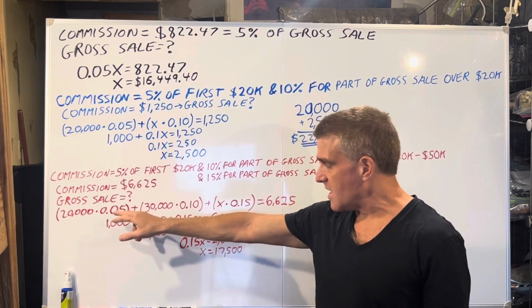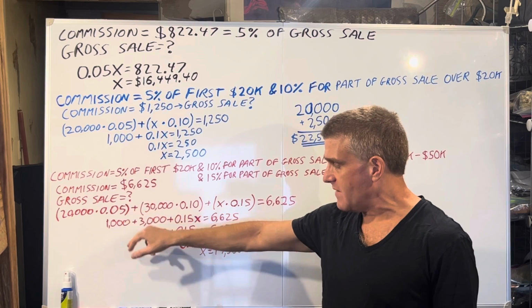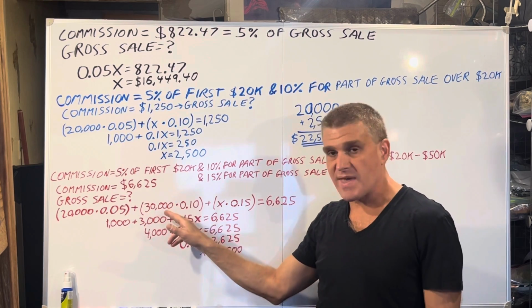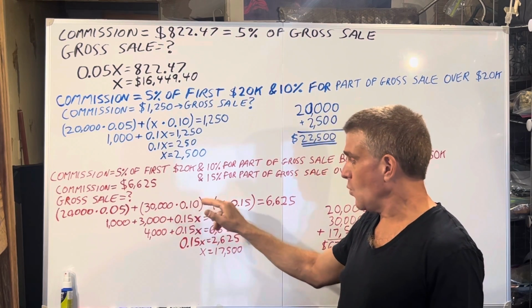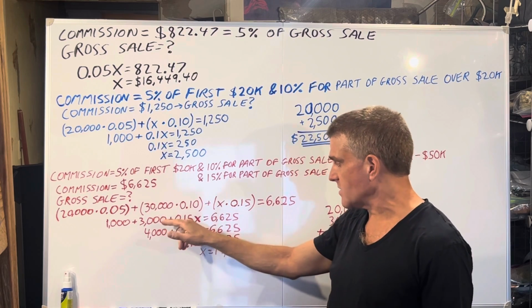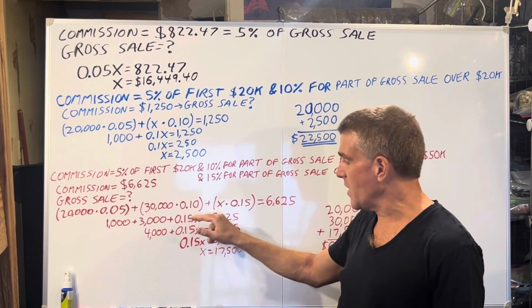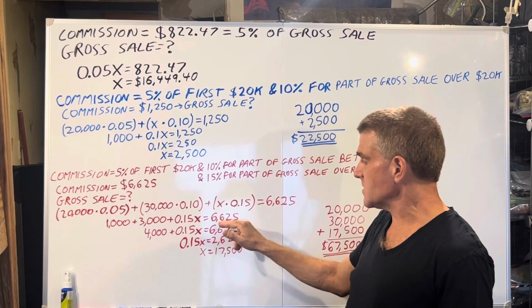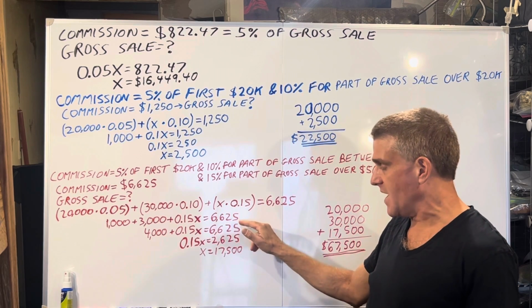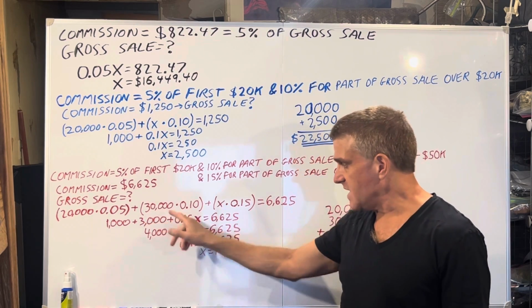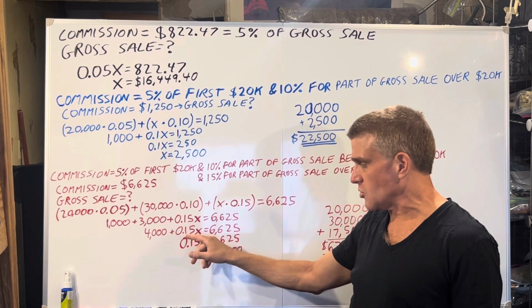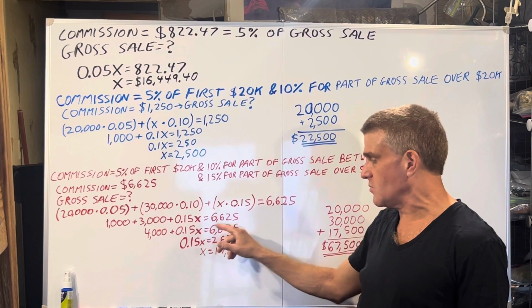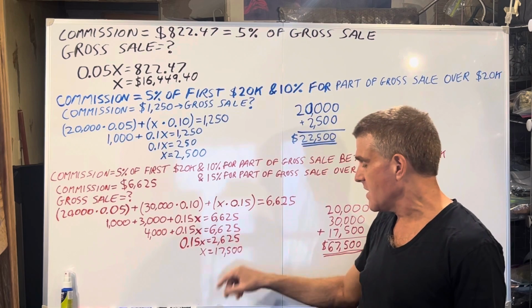So we'll have 20,000 times 0.05 is going to be 1,000. 30,000 times 0.10 is going to be 3,000. Then plus 0.15x equals 6,625, the commission check. Add these two together, 4,000 plus 0.15x equals 6,625.